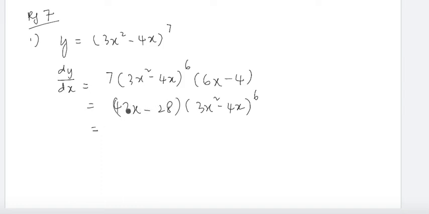I can factorize, divided by 28 cannot, divided by 14. So divided by 14: 42 divided by 14 you get 3x, and this one divided by 14 you get 2. You make the function simplify, and this one cannot simplify anymore because it's power 6. So this is dy/dx, and for the final answer please write your subject so that you know this is dy/dx. Okay, example 7 done.